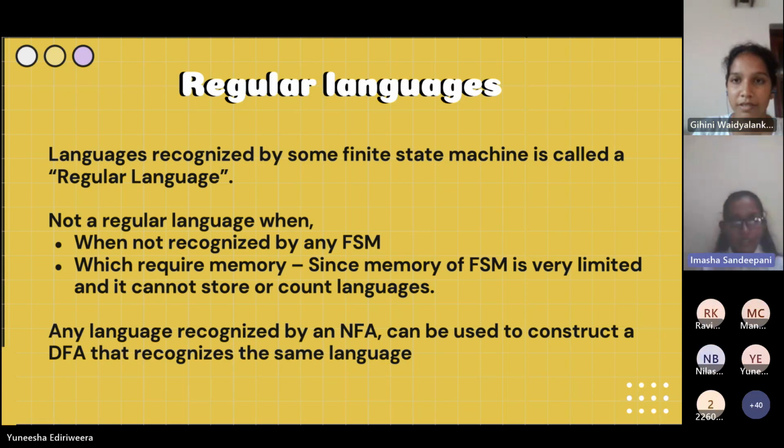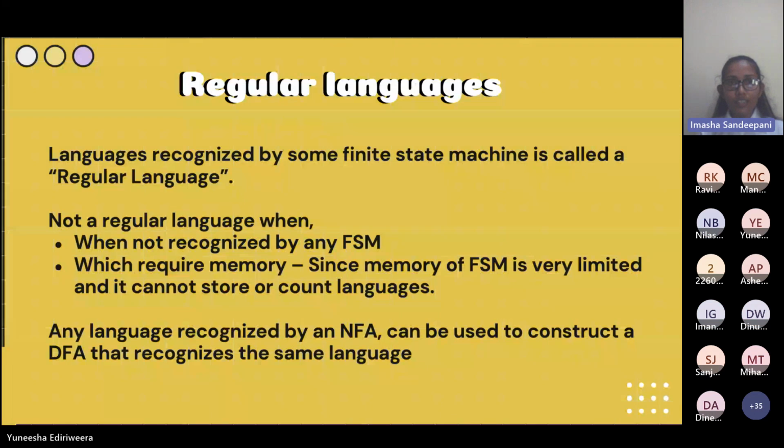Now that we have discussed what DFAs and NFAs are, let's briefly look into regular language. A language is a collection of appropriate strings which is defined using an input set. Any language that is recognized by some finite state machine is called a regular language. A language is not considered a regular language when it is not recognized by any FSM.